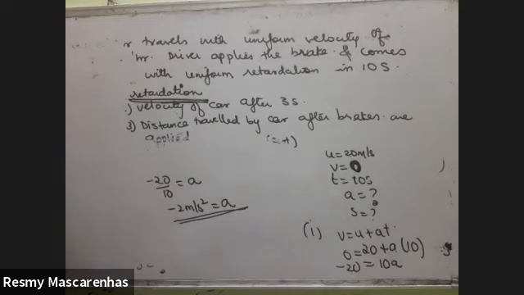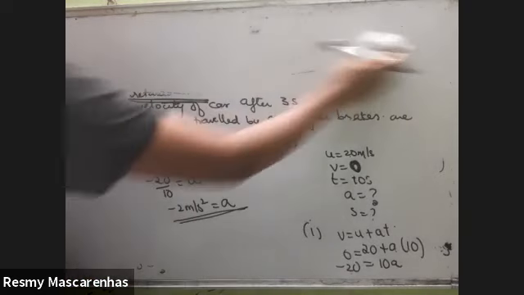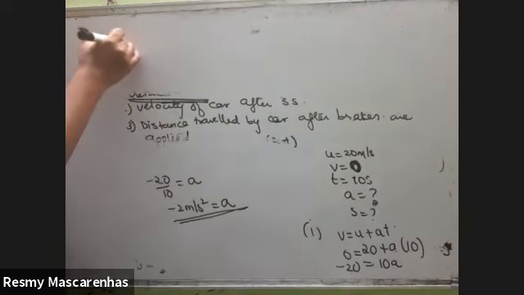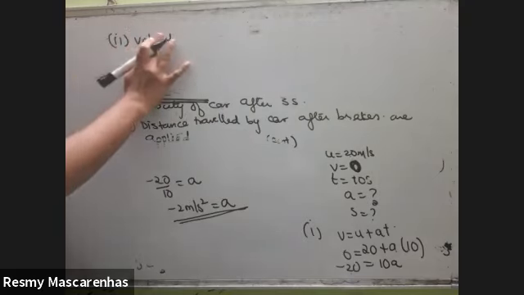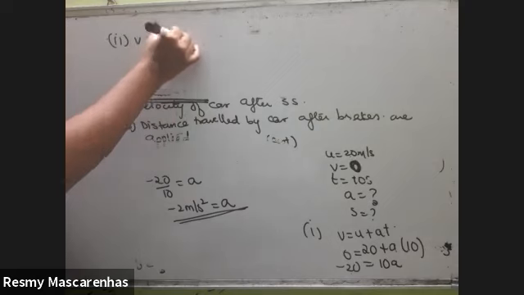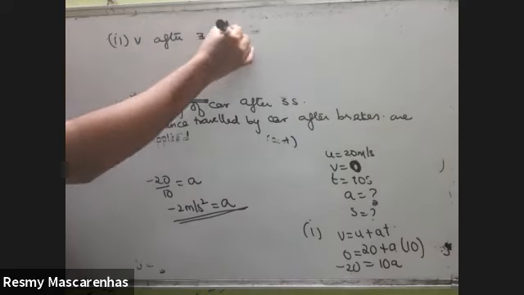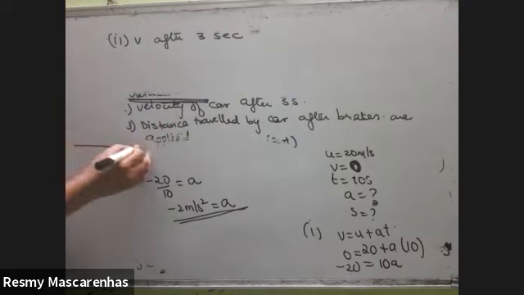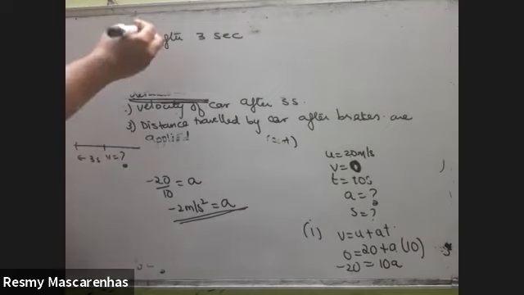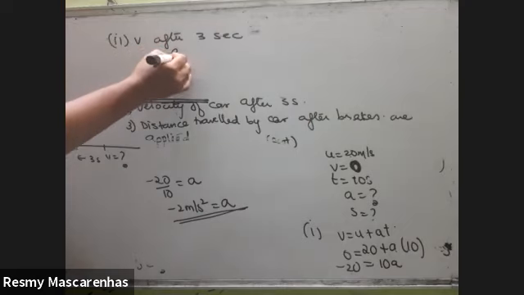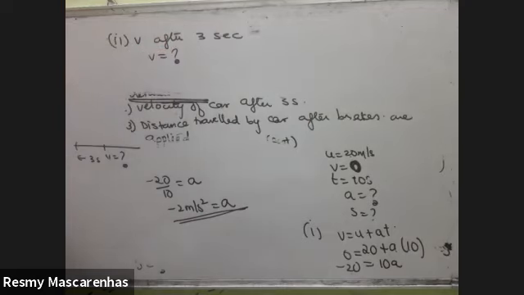Now your second part says what is the velocity of the car after 3 seconds. V after 3 seconds means somewhere it had started. After 3 seconds, how much is the velocity at this point? It's very simple. We don't know the velocity, so velocity will be question mark here.